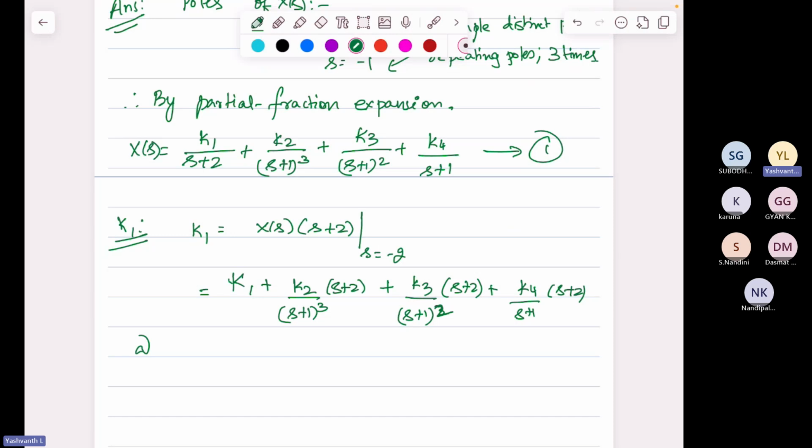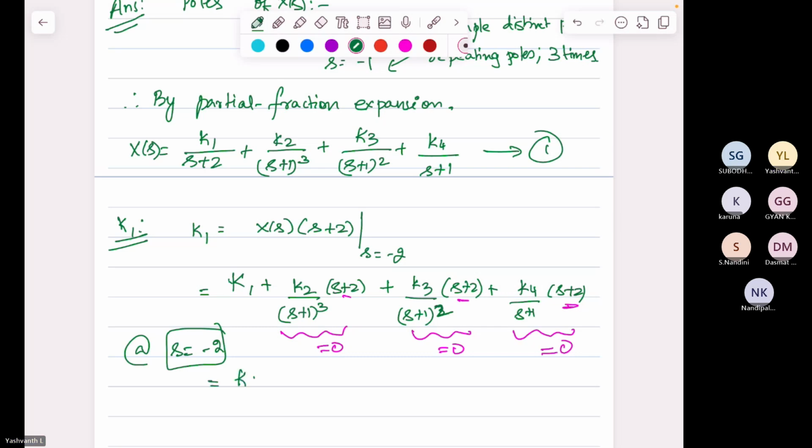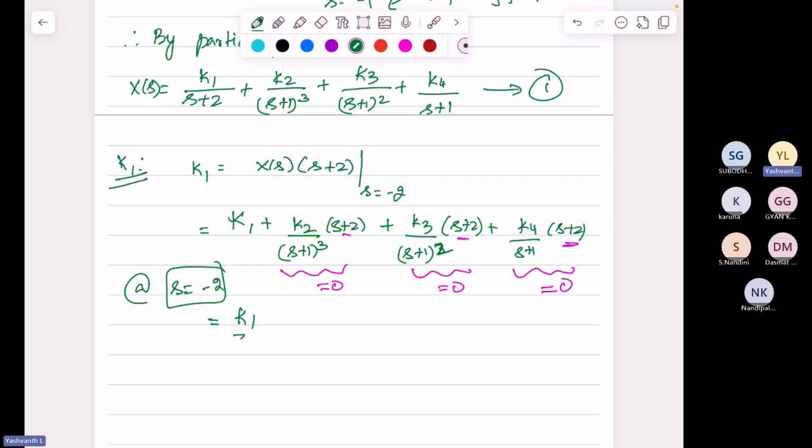Now at s equal to minus 2, what will happen? This will go to 0, this will also go to 0, this will also go to 0, because s plus 2 will become 0. But k1 will remain, equal to k1. That is why it's equal to k1. So k1 is equal to X(s) into (s plus 2) at s equal to minus 2.